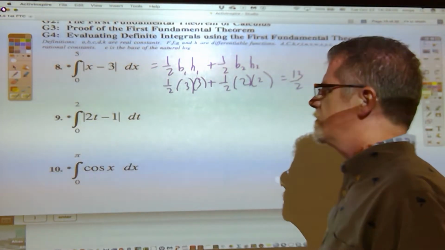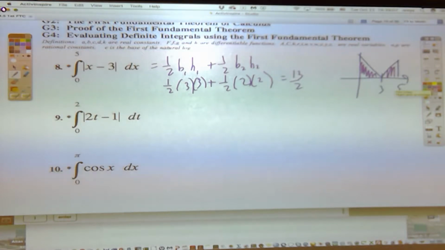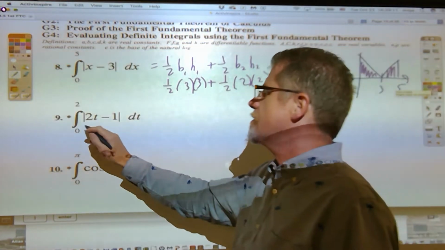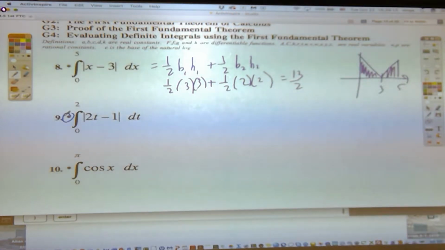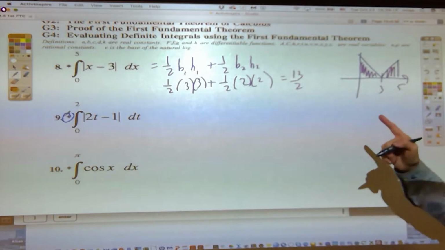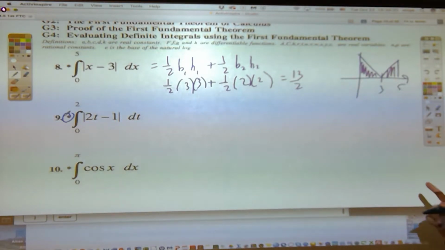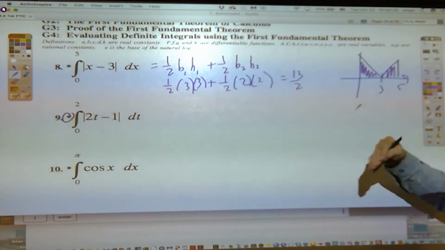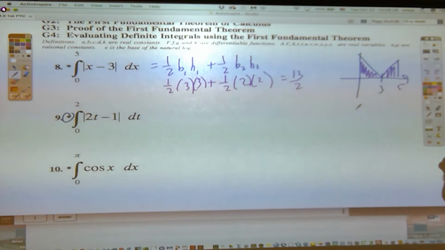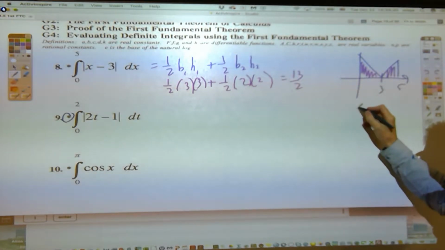How about the integral from 0 to 2 of the absolute value of 2t minus 1? Now there it's going to be maybe a little bit harder. Let's draw the graph of this. However, let's use calculus instead of geometry to do this one. Now 2t minus 1, just in terms of getting an accurate sketch, which you're not required to do, but let's do it.